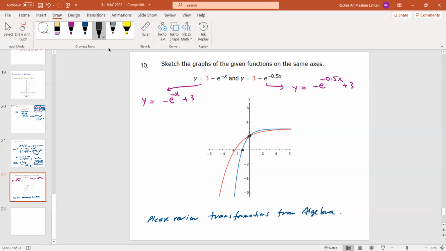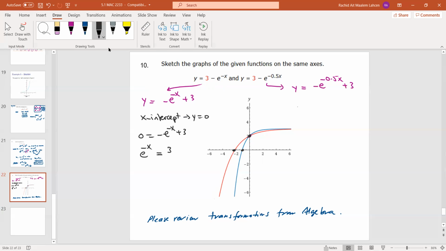But the x-intercepts are not going to be the same. So what is the x-intercept for this one? We know x-intercept is y equals 0. So 0 equals negative e to the negative x plus 3. Let's bring it to this side. So now you're going to solve another type of this exponential equation.